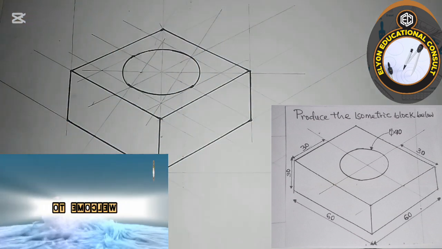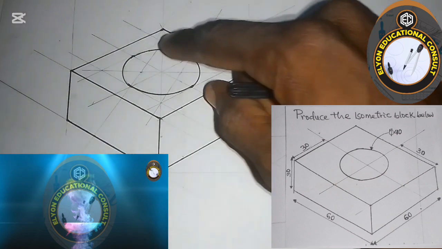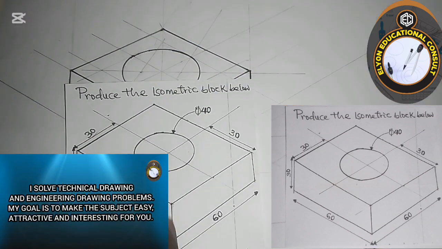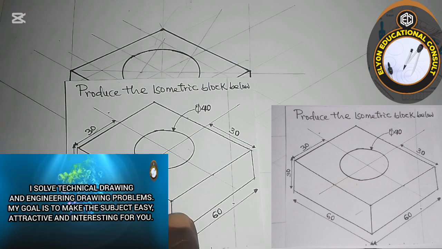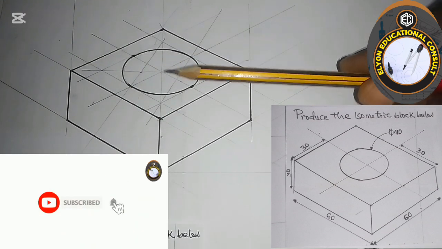So this is how the circle is going to appear on the isometric block. The circle also is going to be in isometric form. I hope this is clear.